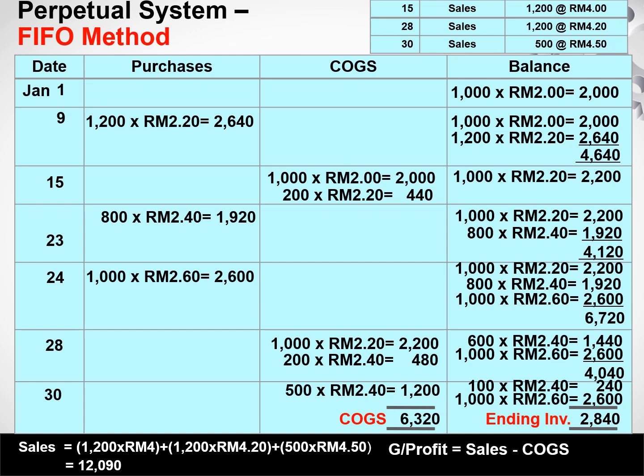So profit equals to sales minus cost of goods sold. Sales 12,090 minus cost of goods sold 6,320. So the gross profit will be 5,770.